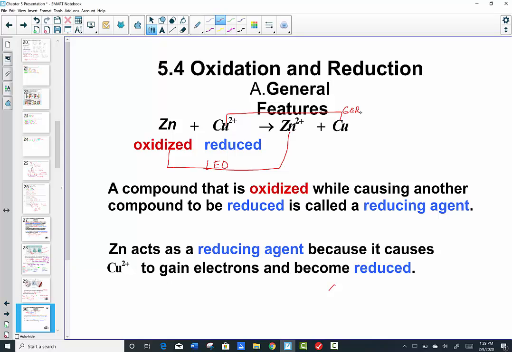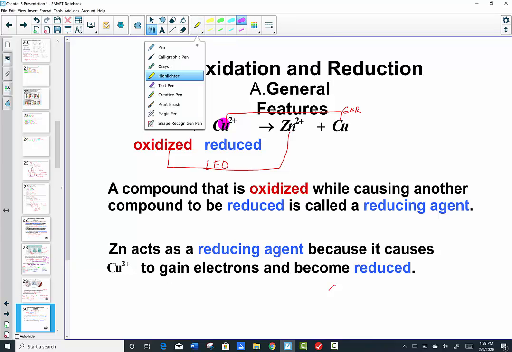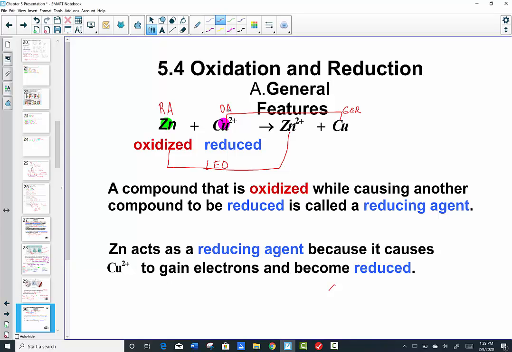A compound that is oxidized is known as the reducing agent. And so in this example, zinc was oxidized, so therefore it would be called the reducing agent. And since copper was reduced, it is known as the oxidizing agent. The agents are always on the left side of your equation.